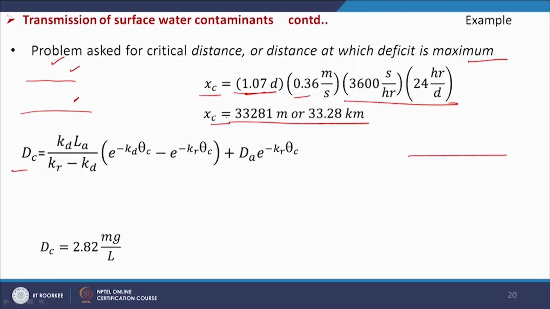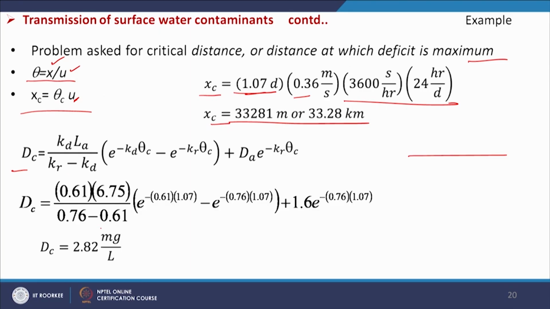We have got the xc, we have got the theta c. So, we put the theta c value here, with 0.61, 6.75, 0.76, 0.61 and e to the power minus Kd theta c, Kd given and theta c calculated, and Kr given and theta c calculated, plus dA, 1.6, into e to the power minus Kr theta c.